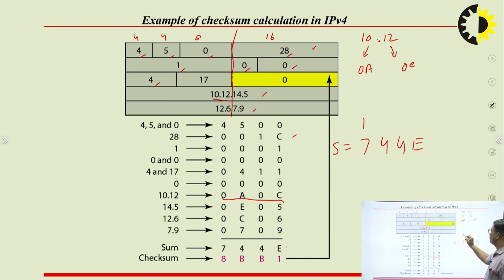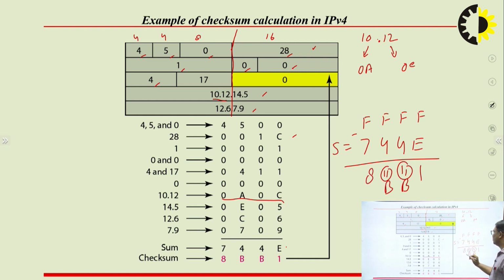You need to subtract this from F. So what is F? F is 15. 15 minus E is 1. 15 minus 4 is 11, and you can write 11 as B. 15 minus 4 is 11, again B. 15 minus 7 is 8. So what is the answer? 8, B, B, 1. This is the checksum for this.